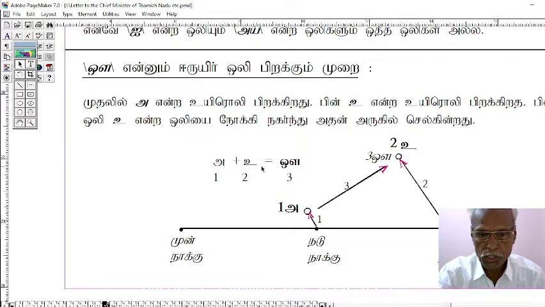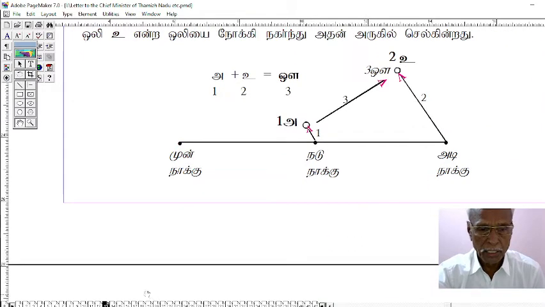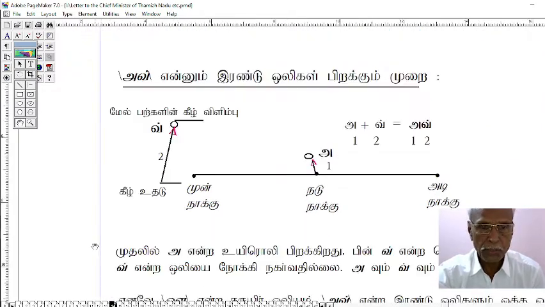A plus O, OW. This is the way how the diphthong OW is formed. Now let us see how the syllable OW is formed.